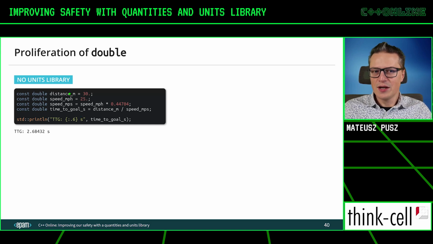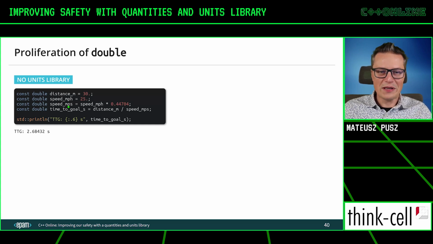And this can be done with proper prefixes or postfixes on local variables, like distance_m, which provides you information that this is distance in meters and not in some other unit, or that you have speed in miles per hour or speed in miles per second, meters per second, right? And time to goal in seconds. This is quite hard to track because it is really easy to make an error here.